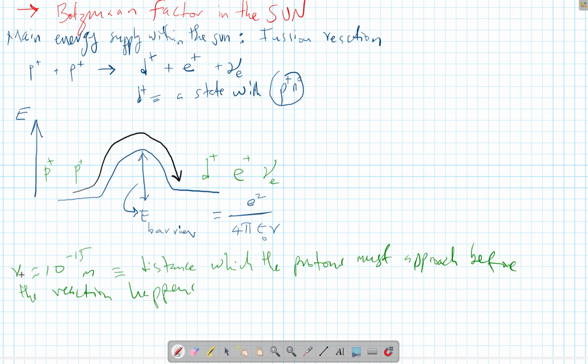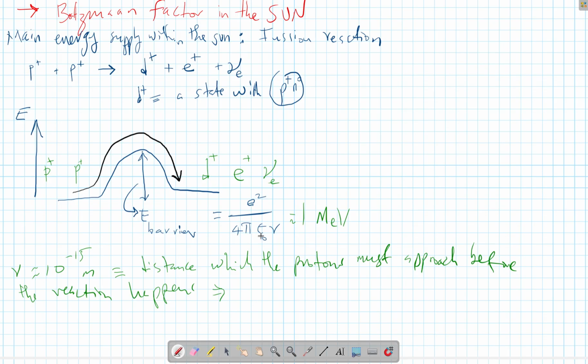Using this order of magnitude value for r, one can compute the barrier energy, the energy which is required to be crossed. It is approximately equal to 1 mega electron volt after substituting the values of e and epsilon naught.